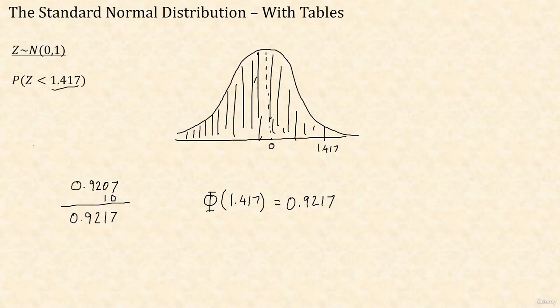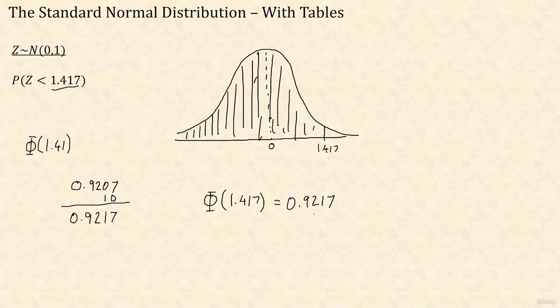If it had just been phi of 1.41, the answer would be 0.9207. But when we looked in that 7 column, it said add 10, so you add 10 in this slightly odd way. If it said add 1, it would have just been adding 1 to this number, giving you 0.9208. So that's what our answer is there.